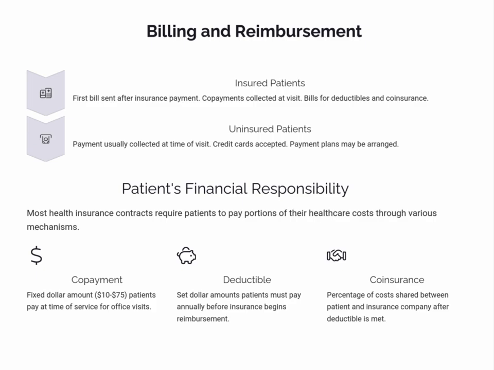They can arrange a payment plan. Oftentimes, if they're doing a cash pay or self-pay, the clinic will offer a discount if they're paying in full. It may be a 20% discount or whatever. Or they'll set up a payment plan and say you have to pay this much today, and then we'll bill the rest.